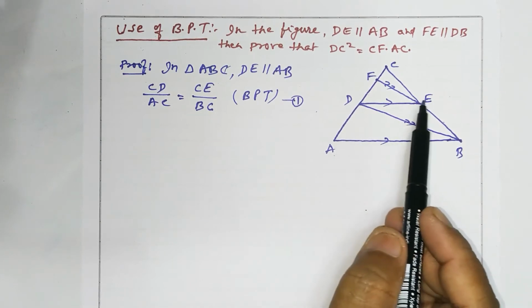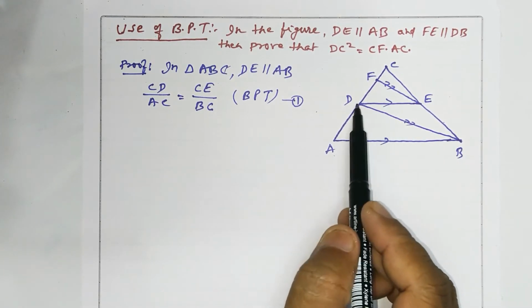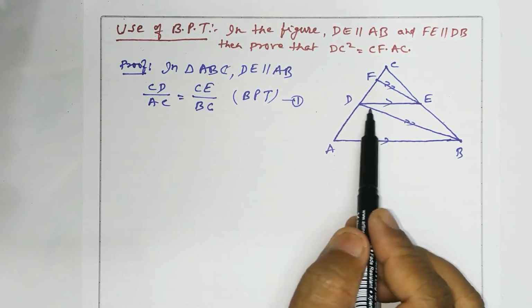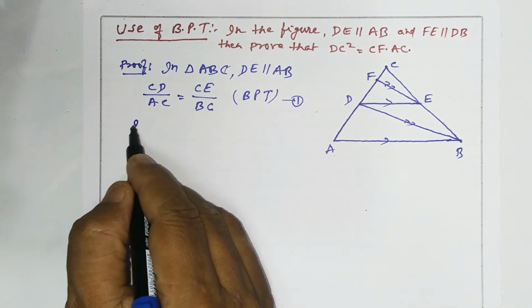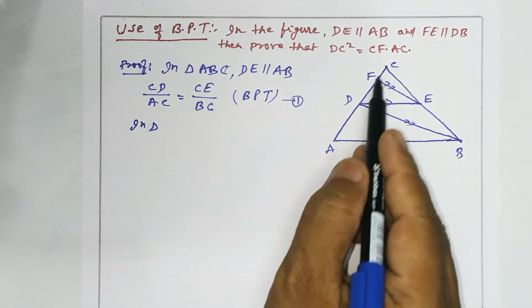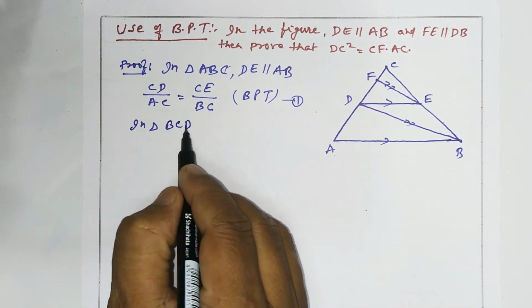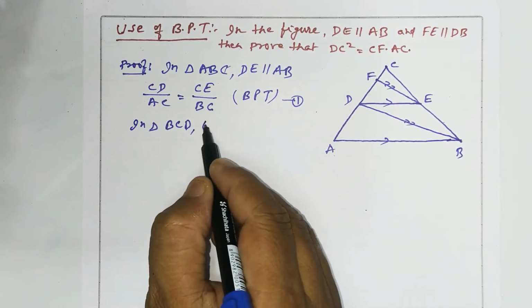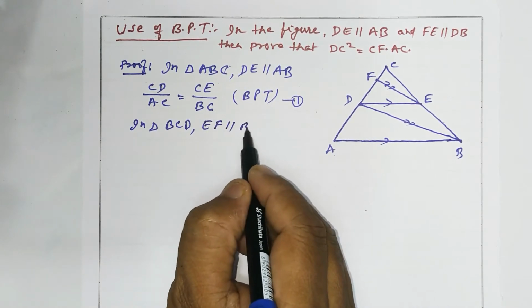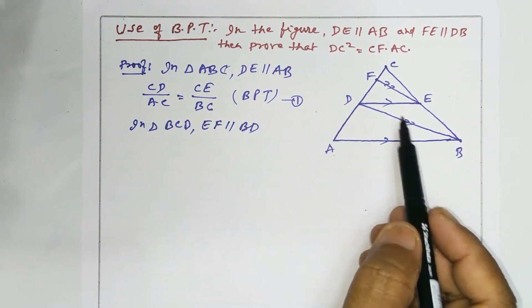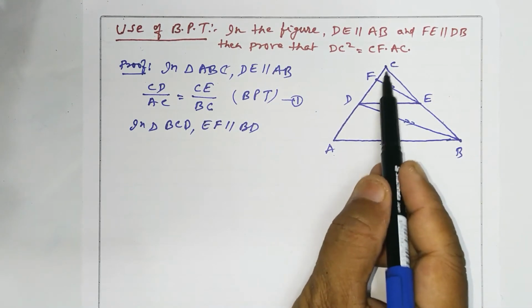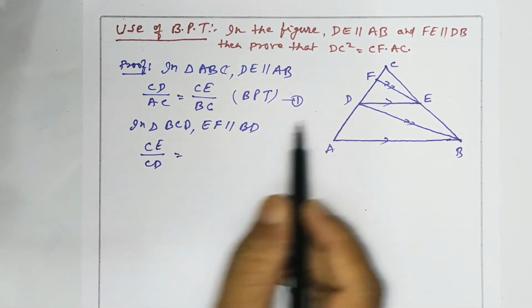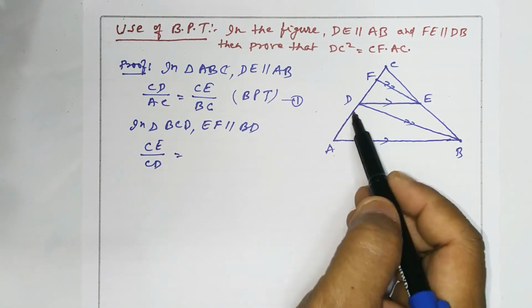Now we talk about the second triangle, triangle CDB or BCD. In triangle BCD, EF is parallel to BD. Again we use BPT.